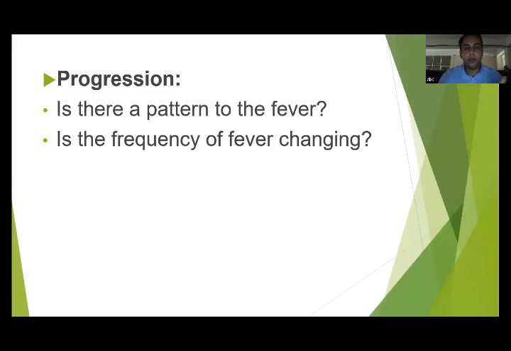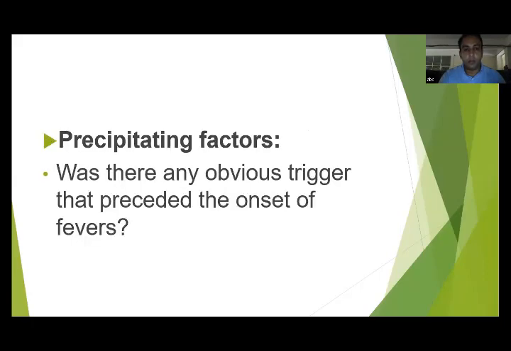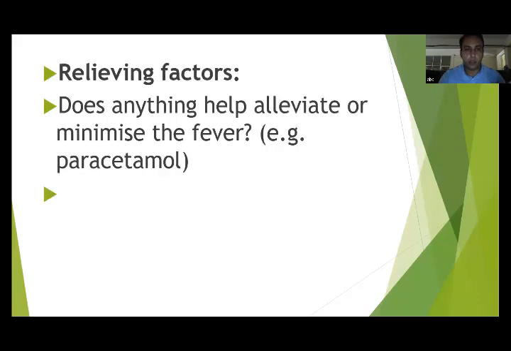Then the precipitating factor: is the fever precipitated by any drugs, environmental factors, or occupational factors? Take a proper history. A very important drug in Pakistan is paracetamol, which patients always take for fever, but this is a very dangerous drug as well.